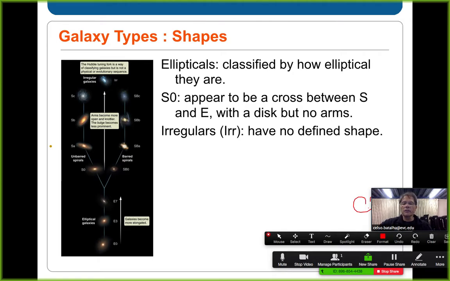S0 are spirals that do have a disk around the bulge, but it doesn't seem to show arms, spiral structure.